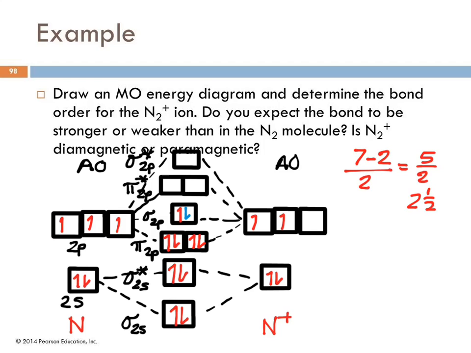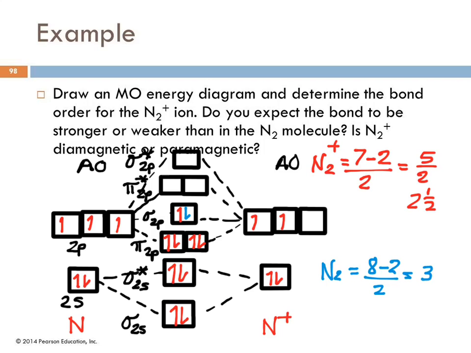So N2 would be 8 minus 2 over 2, which would be a bond order of 3. And this one up here is N2 plus, which is the one we're supposed to be looking at and comparing. A bond order of 2.5 tells us this bond is weaker than the bond in nitrogen, the molecule.